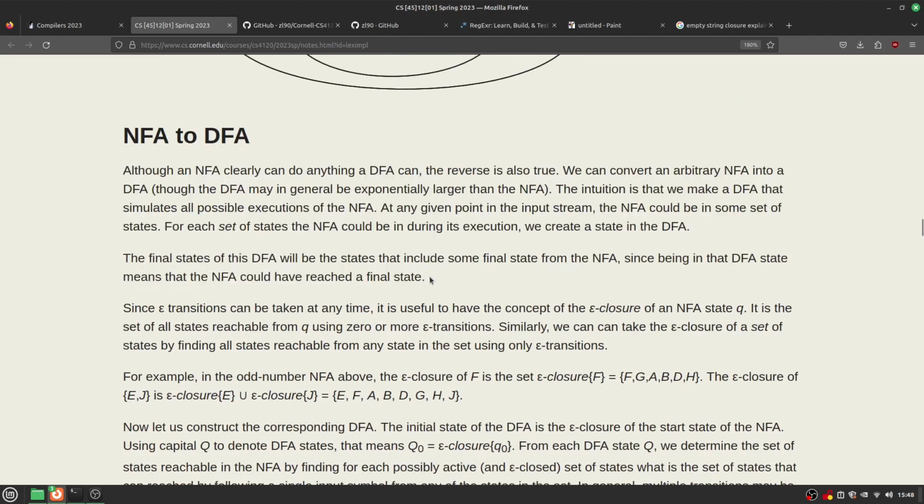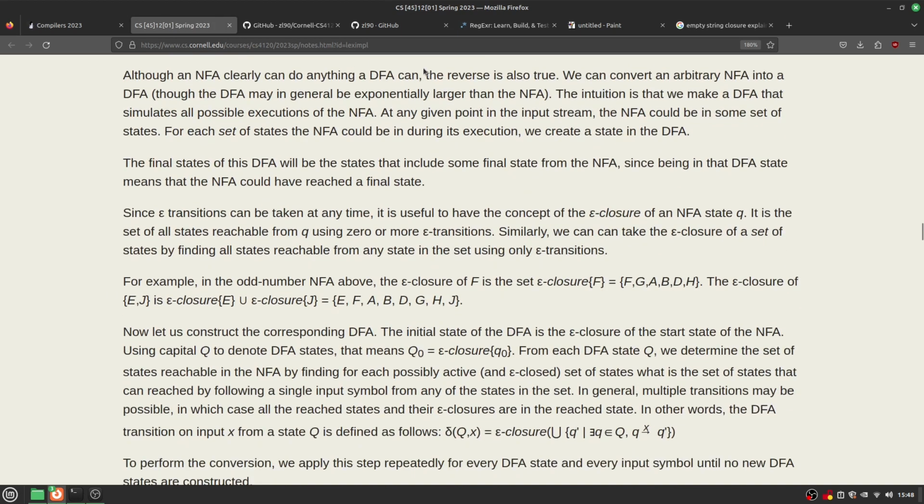Alright, I'm gonna have to read this again. Although an NFA clearly can do anything a DFA can, the reverse is true. We can convert an arbitrary NFA into a DFA. The intuition is that we make a DFA that simulates all possible executions of the NFA. At any given point in the input stream, the NFA could be in some set of states.